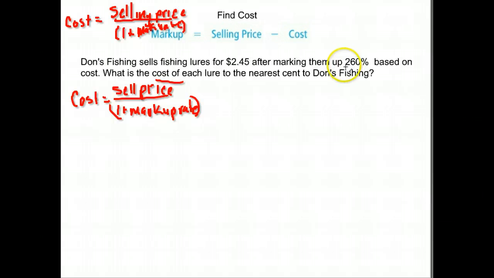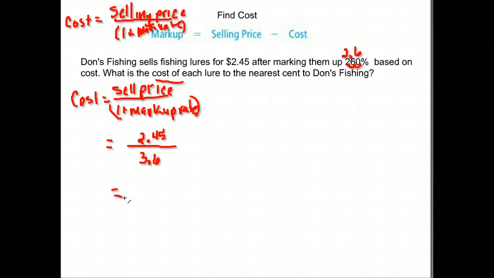So what's our markup rate? It's 260%. We're supposed to move the decimal 2 places to the left, so it's 2.6. Add 1 to that. So on the bottom, 2.6 plus 1 would be 3.6. On the top, we put our selling price of $2.45, and we go ahead and divide.